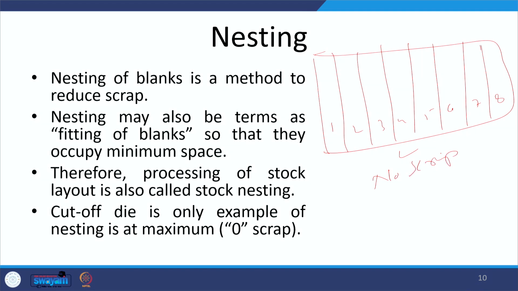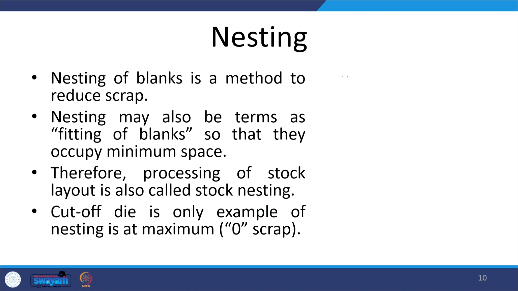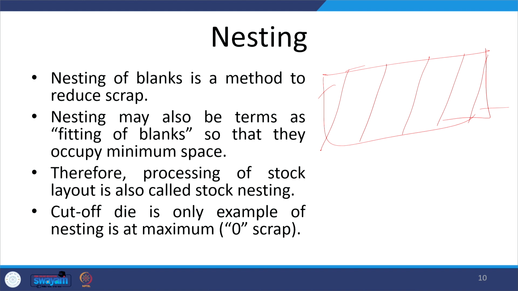But if the product shape or the blank shape is a little different, like it is not rectangular but has some angle, in that case the material in the beginning and at the end will be left as scrap, and we will be able to produce 1, 2, 3, 4 blanks, while the material at the leading and trailing edge will be wastage.